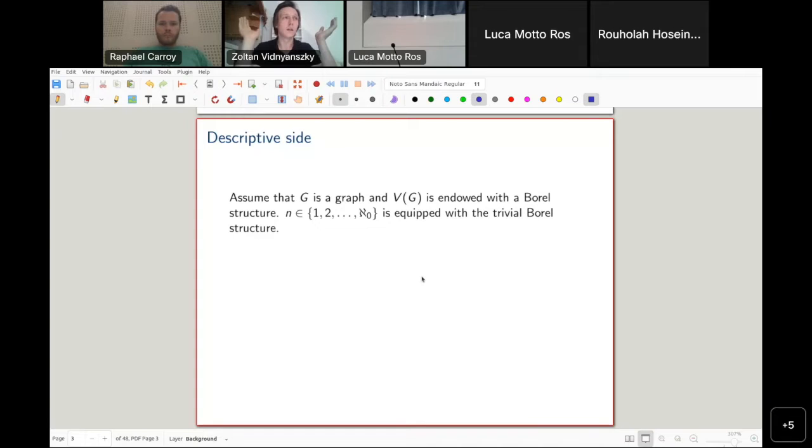So, for example, we want to find a coloring which is not any coloring of the graph, but a Borel coloring, meaning that the color classes are Borel measurable. This makes sense if there is a Borel structure on the vertex set of the graph.